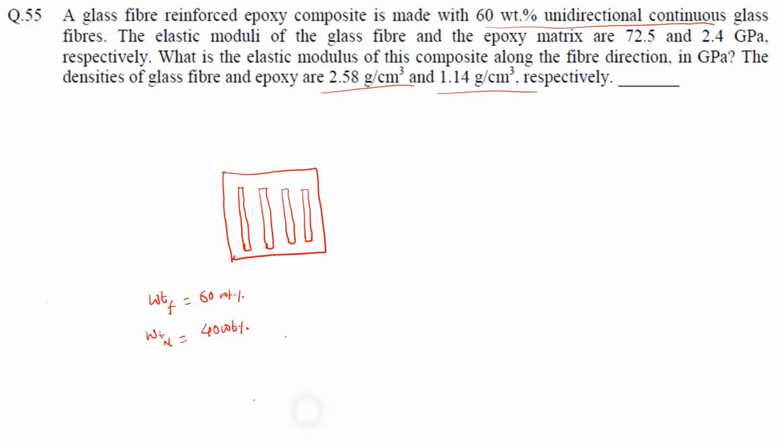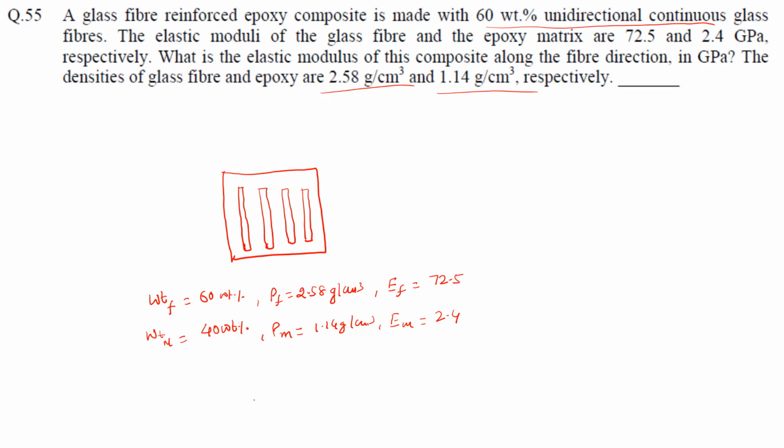Density of fiber is given as 2.58 gram per cm cube, and density of matrix is given as 1.14 gram per centimeter cube. Elastic modulus of fiber is 72.5 and elastic modulus of matrix is 2.4.